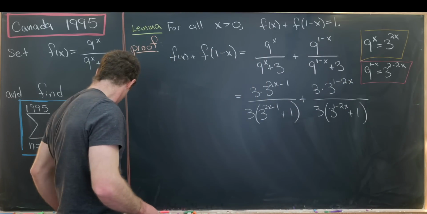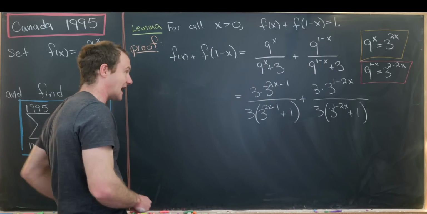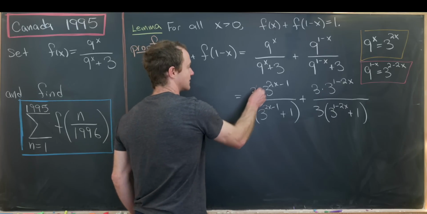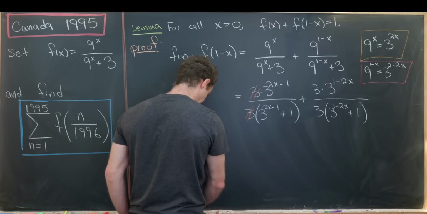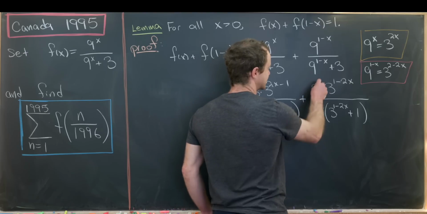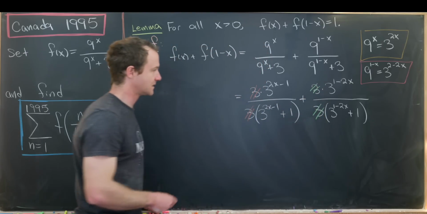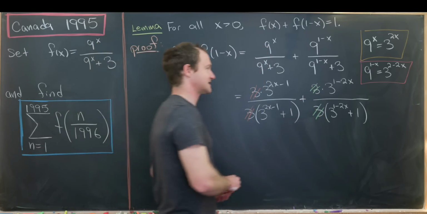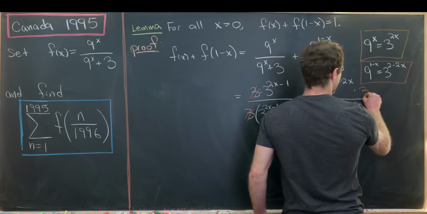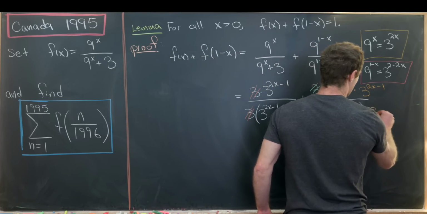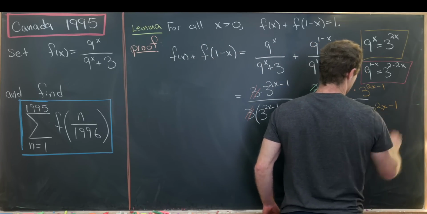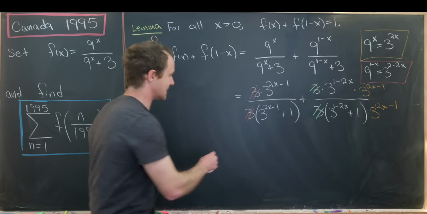Okay, but now that we've got this set up, we can cancel some 3's in the numerator and the denominator. We'll cancel that 3 with that 3. Then we'll cancel this 3 with this 3. And then we'll multiply this second term by 3 to the 2x minus 1 in the numerator and the denominator. So let's see what that leaves us with.